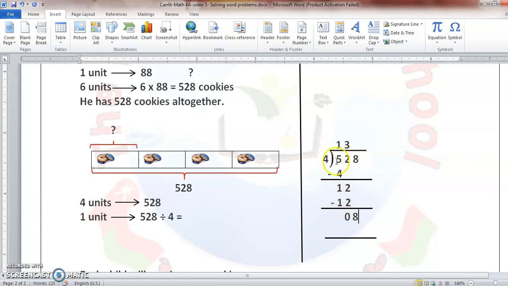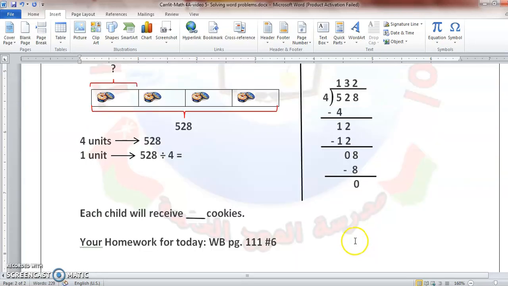Now 8 divided by 4, the answer here is 2. Because 2 times 4 is 8. So 8 minus 8, the answer here is 0. So each child will receive 132 cookies. So 528 divided by 4, the answer is 132.